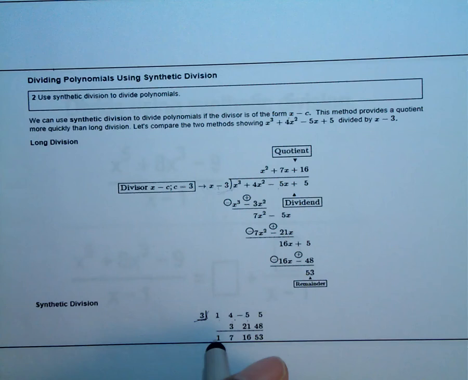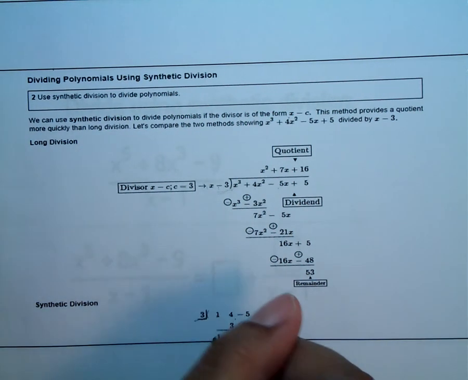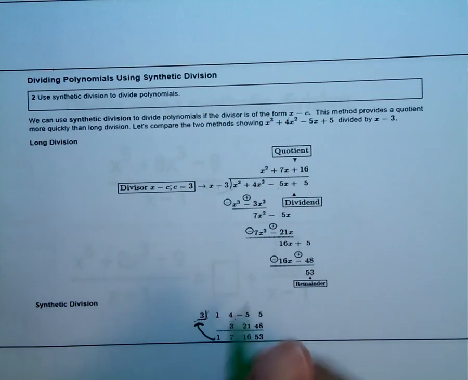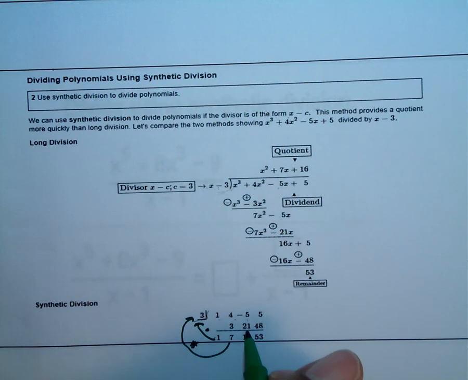They brought down their 1, and then they did 1 times 3. 1 times 3 gave them 3. They did 4 plus 3, 7. And then they did it again, 7 times 3. 7 times 3 gave them 21. Negative 5 plus 21 is 16. 16 times 3, 48. 5 plus 48, 53. So look, their answer they got was 1, 7, 16, 53.